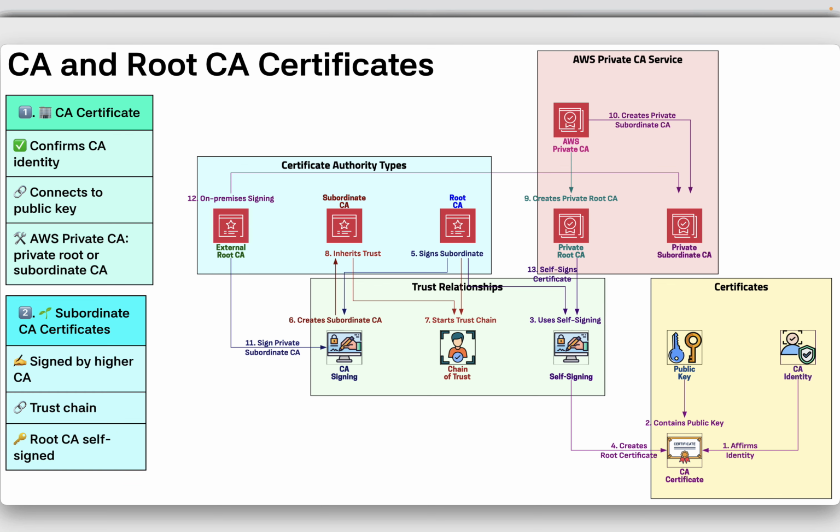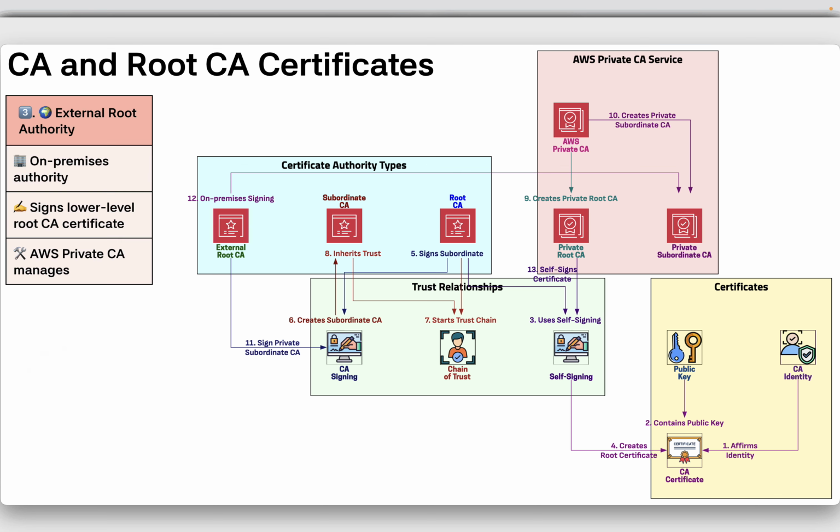Subordinate CA certificates are signed by another CA that is higher up in the trust chain, but the root CA certificate is signed by itself. External root authority. So you can also have a main authority outside of AWS, like in your own office. Then you can use this main authority to sign a lower level root certificate that AWS Private CA manages.